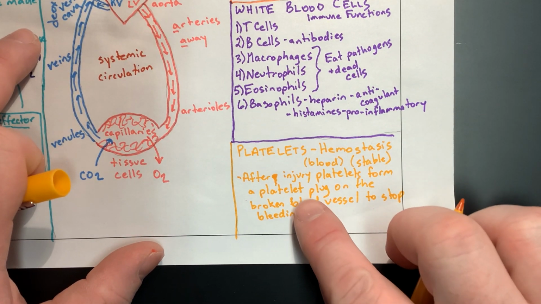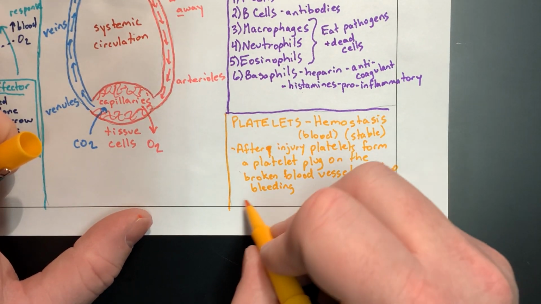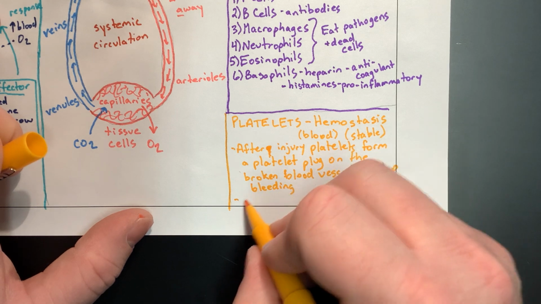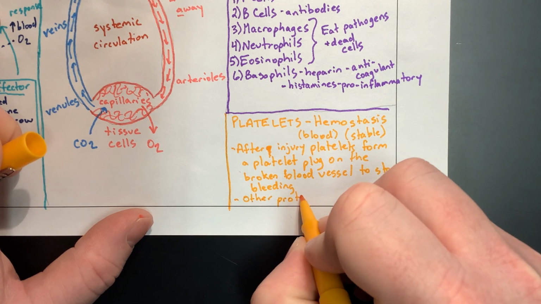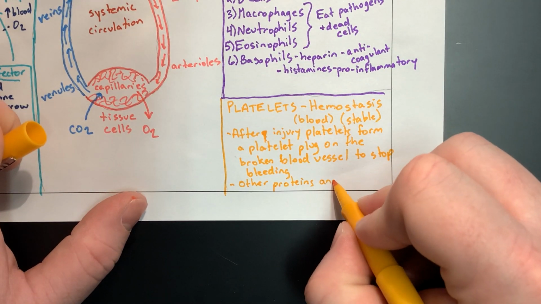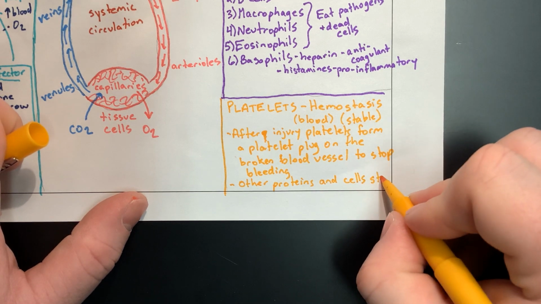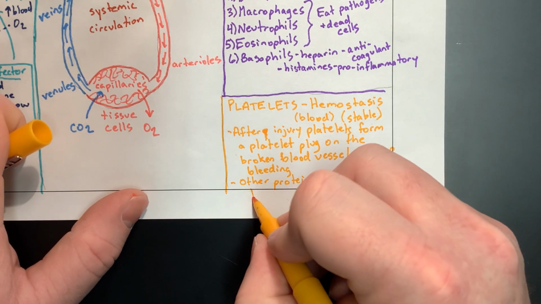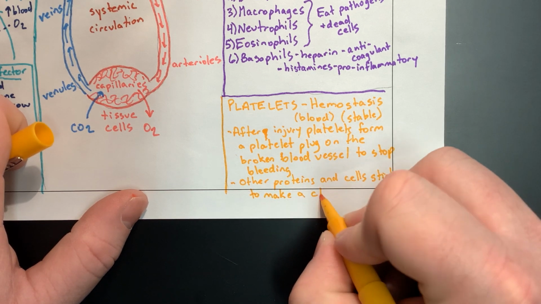This platelet plug is kind of like the first step. What happens after that is that other proteins, the main one is called fibrin, and other proteins and cells stick together to make a clot.